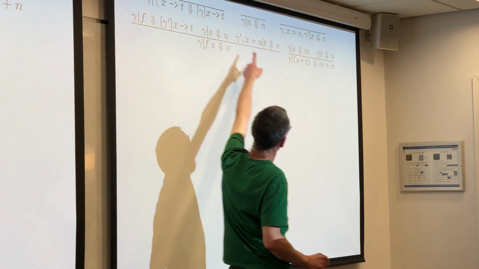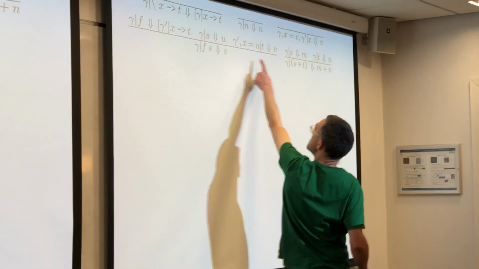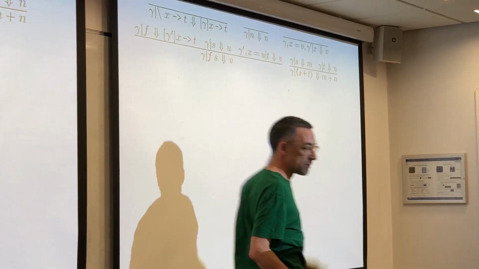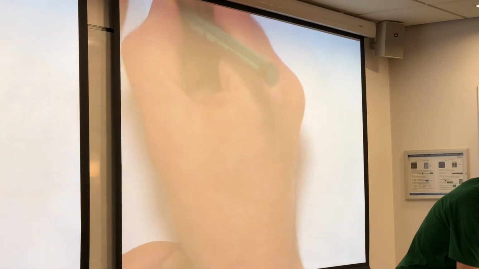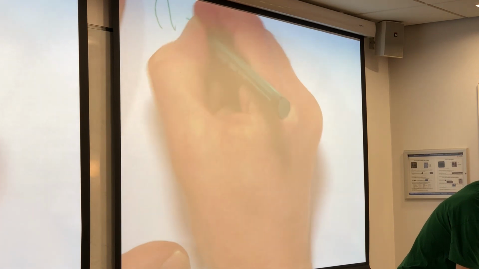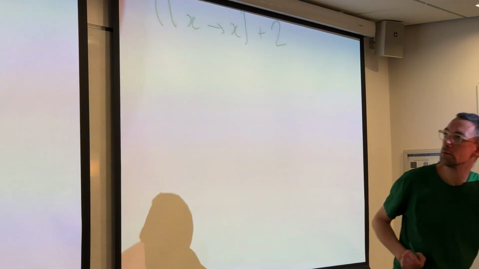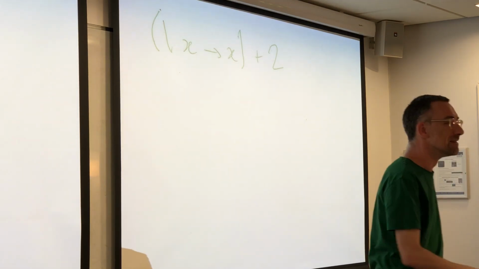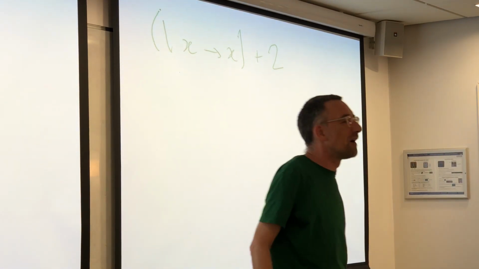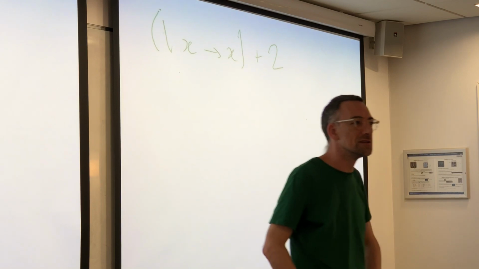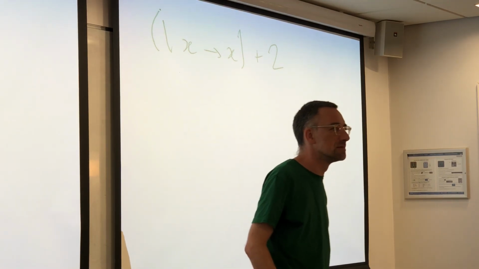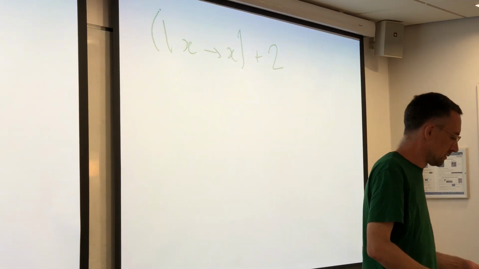So we could evaluate S and end up with one of these things. What would happen if we were foolish enough to write lambda x arrow x plus 2? What would that evaluate to according to the rules? Here are the rules.